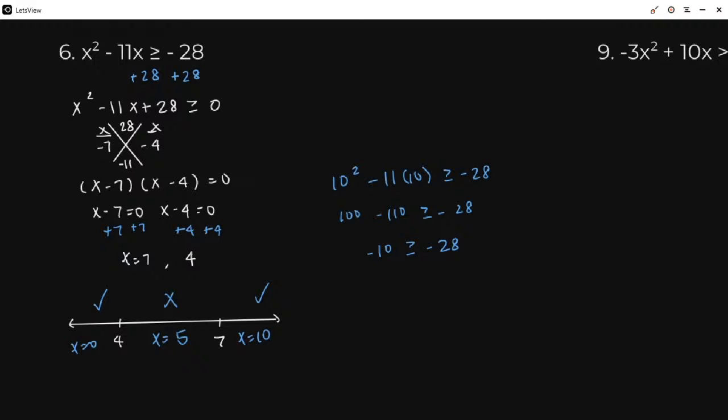So my answer would be x is less than or equal to 4, because that was where the solutions worked, or x is greater than or equal to 7. And in blue here, I just did some of the work, but if you want to do that in your head, that's fine too.